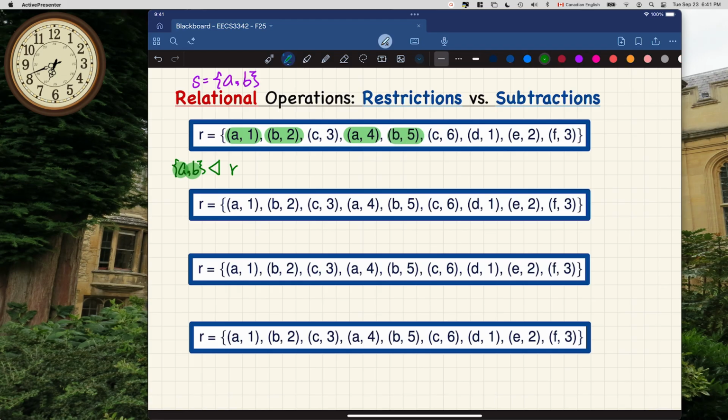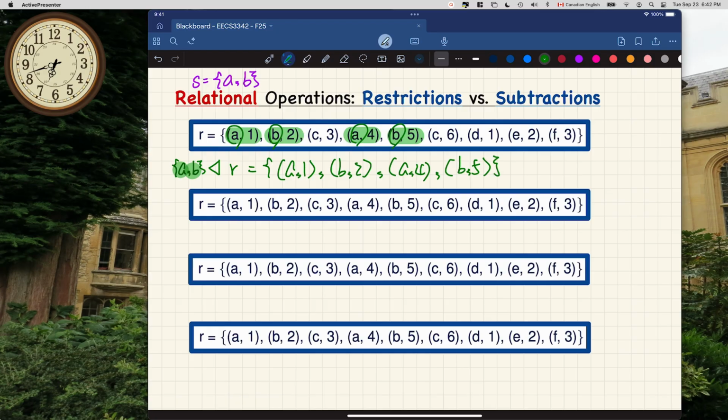You can see the very first element there is A or B. So this returns a new relation, collecting all the satisfying pairs where the first element is a member of A and B. So we got A1, B2, also A4, also B5. So this is a new relation.